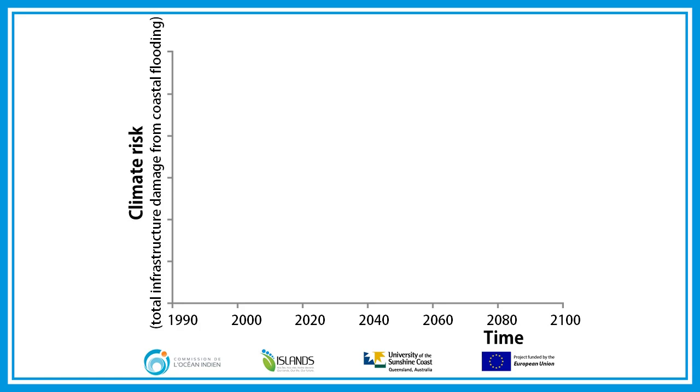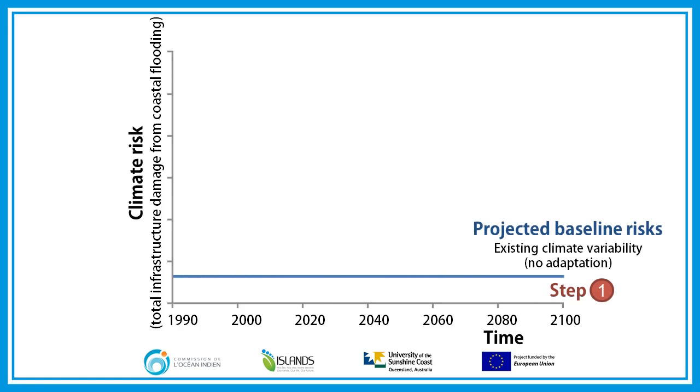In the absence of climate change or socioeconomic development, the baseline risk from climate variability is shown by the blue line. The first step in the economic assessment process is to determine the damage from historic climate variability.